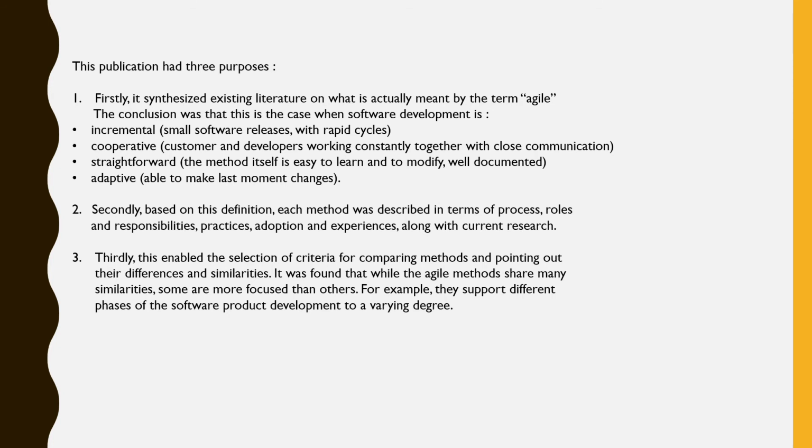Third, this enabled the selection of criteria for comparing methods and pointing out their differences and similarities. It was found that while the Agile methods share many similarities, some are more focused than others. For example, they support different phases of the software product development to a varying degree.